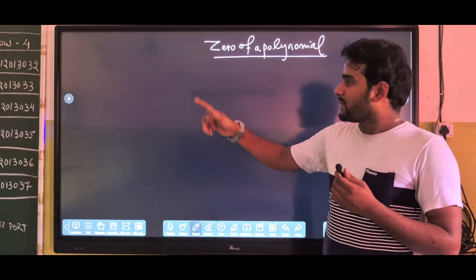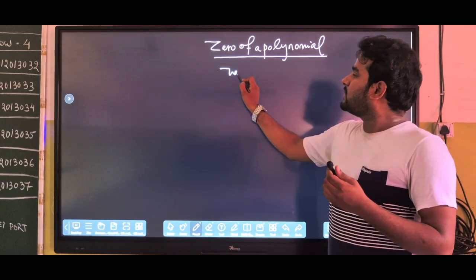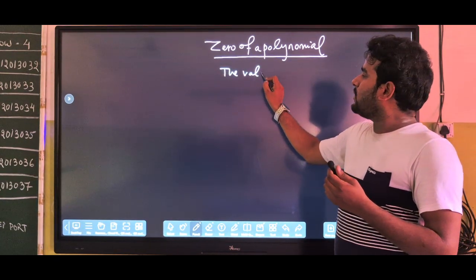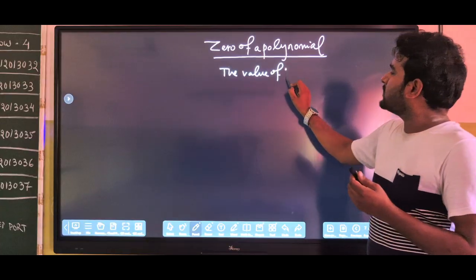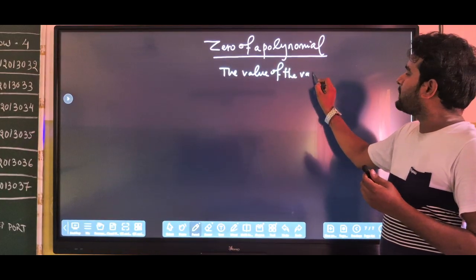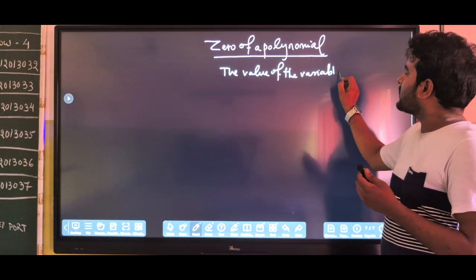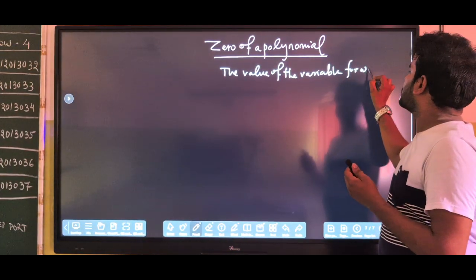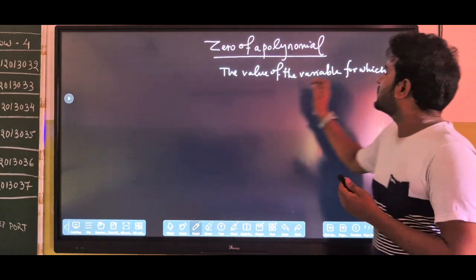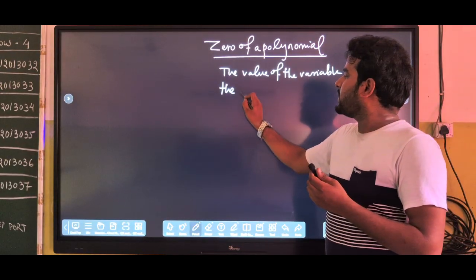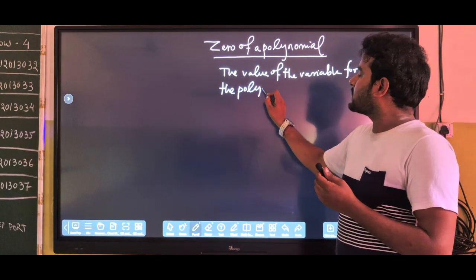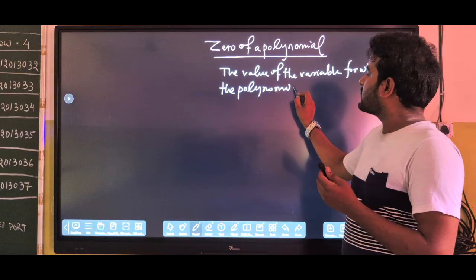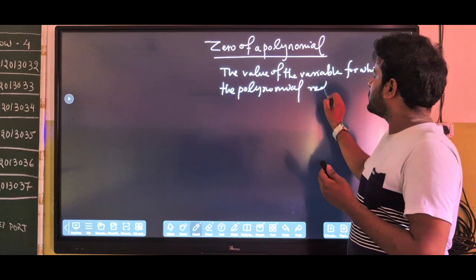It was in class 9. Look, the value of the variable for which the polynomial reduces to zero.